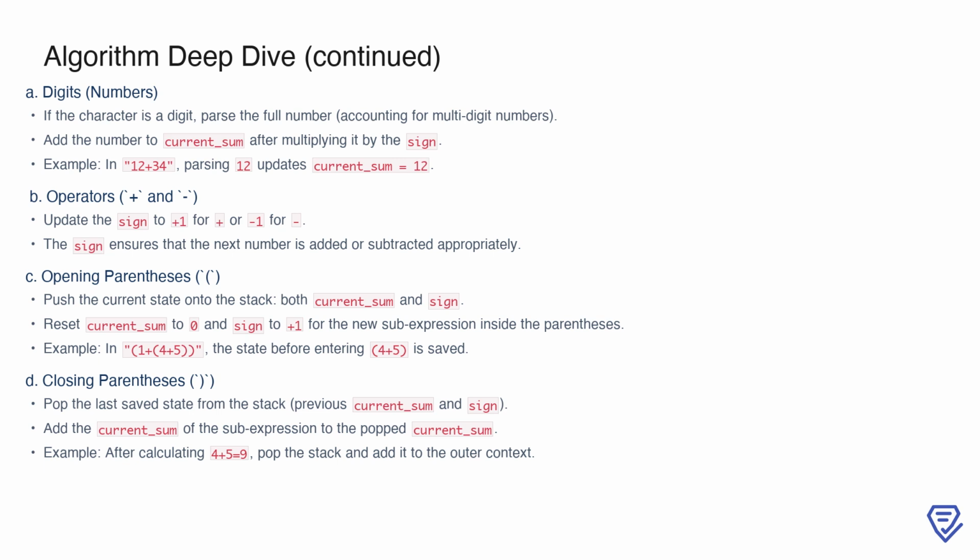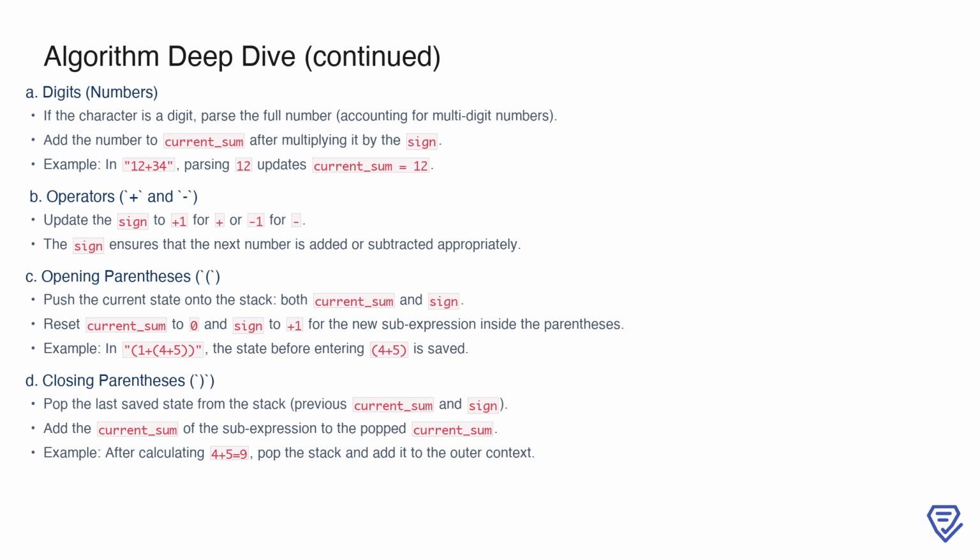When we encounter an opening parenthesis, we save the current computation state onto the stack, including current_sum and sign, and then reset both current_sum and sign to handle the new sub-expression inside the parentheses. For a closing parenthesis, we pop the saved state from the stack, adding the current_sum of the sub-expression to the previously saved current_sum.